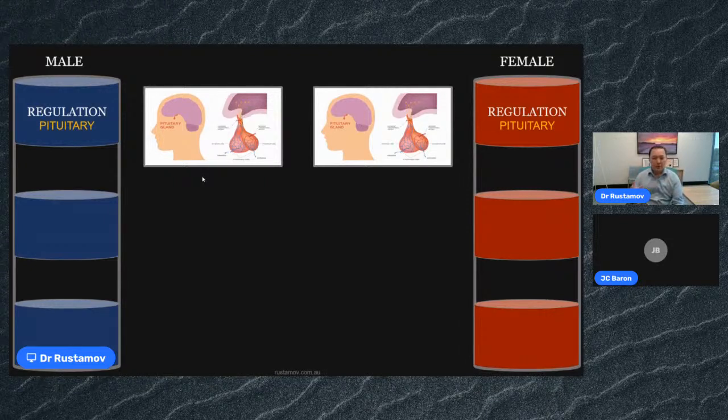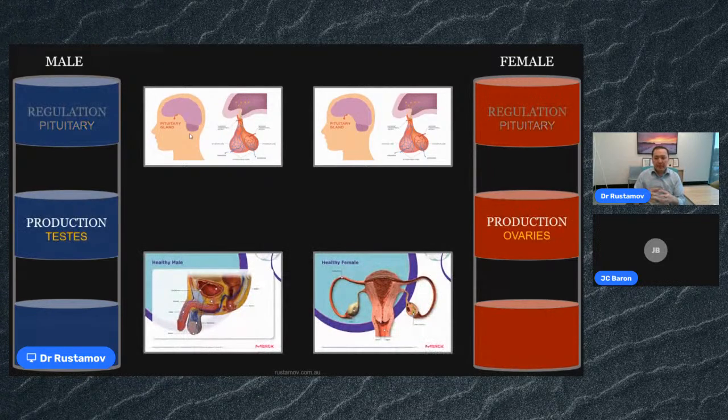Regulation is governed by the pituitary gland, located at the base of the brain, in both men and women. Production of the gametes, like sperm in men, is undertaken by the testes, and production of eggs is the responsibility of the ovaries in women. Delivery of the gametes is the responsibility of the vas deferens in men and the fallopian tubes in women. So there is a specific organ for regulation, production, and delivery in human reproduction for male and female.